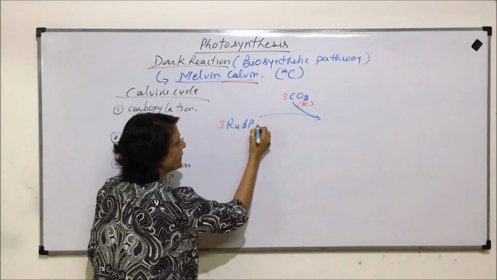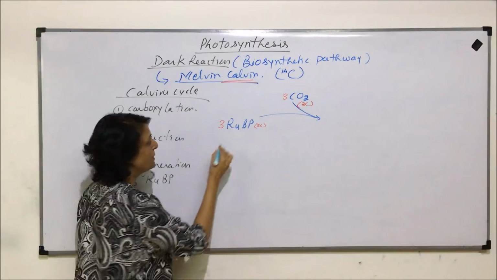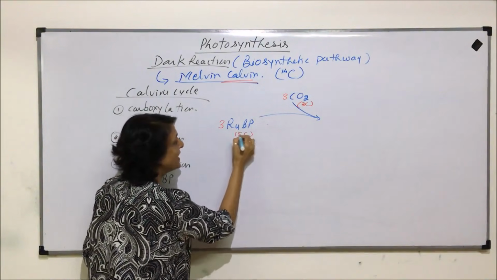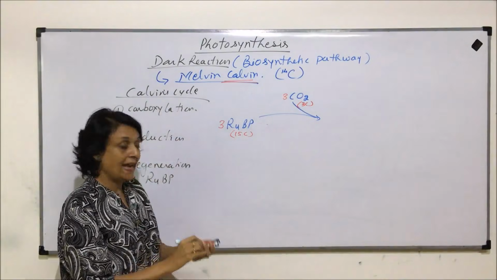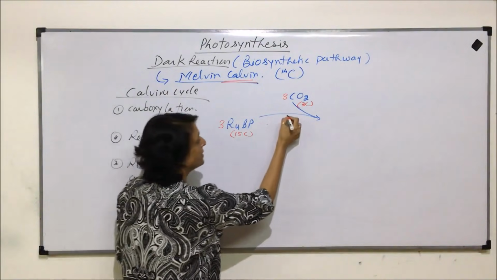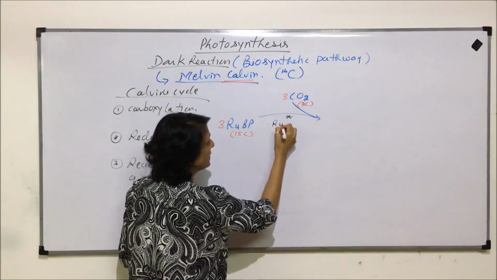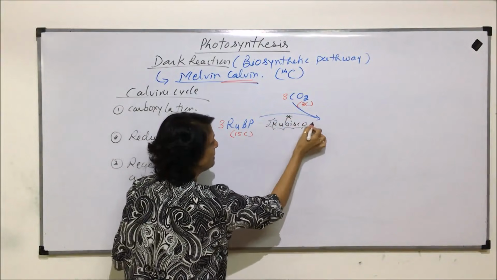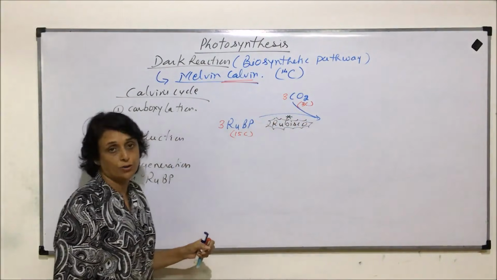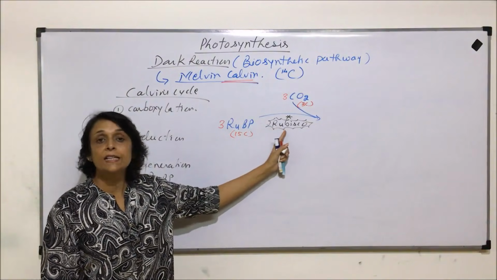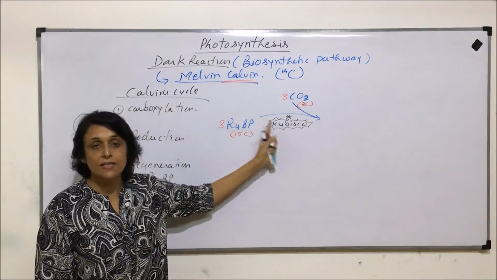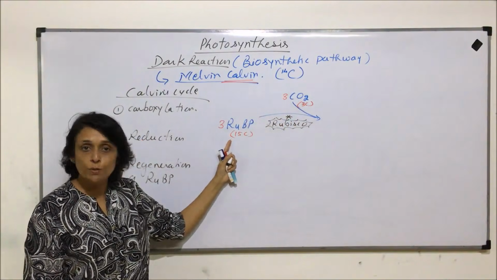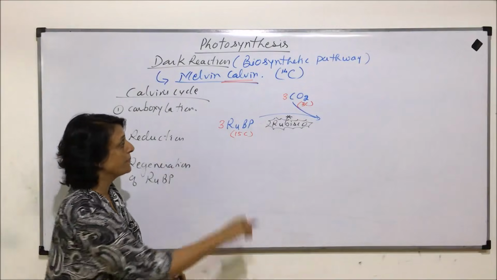That means the total number of carbons coming from here is 15C. The enzyme which is going to help in this process is Rubisco, that is RUBP carboxylase oxygenase, and here it is acting as carboxylase. It is helping in addition of carbon dioxide to RUBP, so acting as carboxylase.